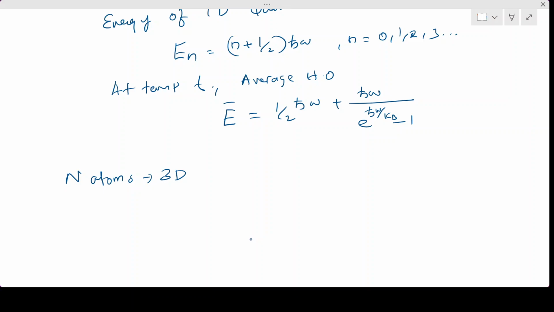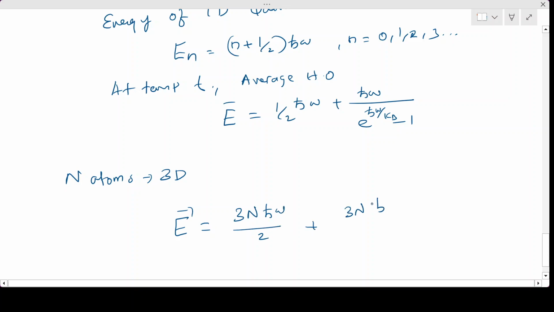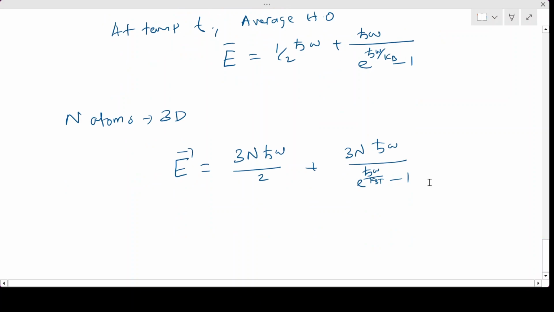So this is equivalent to the representation E bar equals 3N h cross omega by 2, plus 3N h cross omega divided by e raised to h cross omega by kBT minus 1. Sorry, this is average energy, not a vector quantity.